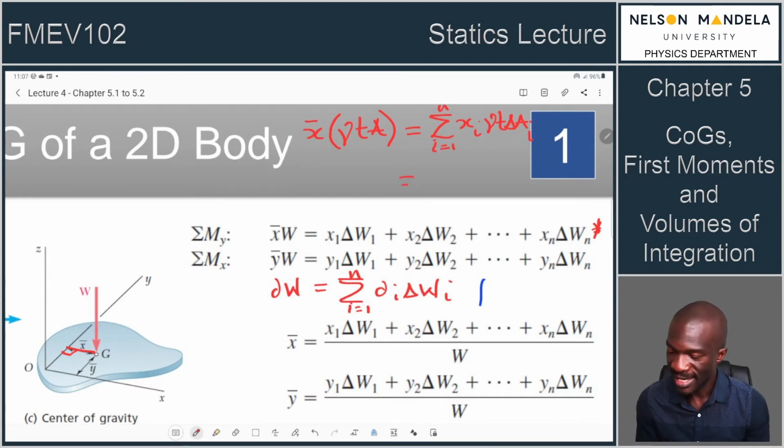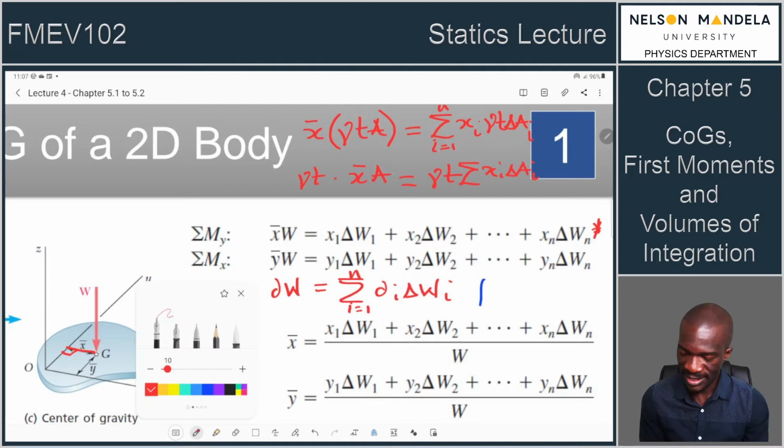On the right hand side, you will notice that we can factor out our gamma T because these are constants. Then we can leave the summation sign with xi delta area i. On the left hand side, we can also factor out our gamma T, and we have x bar multiplied by the area.